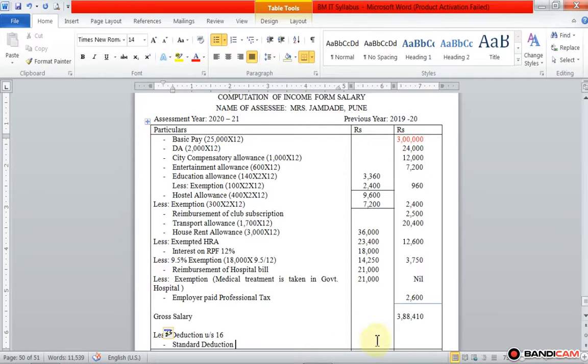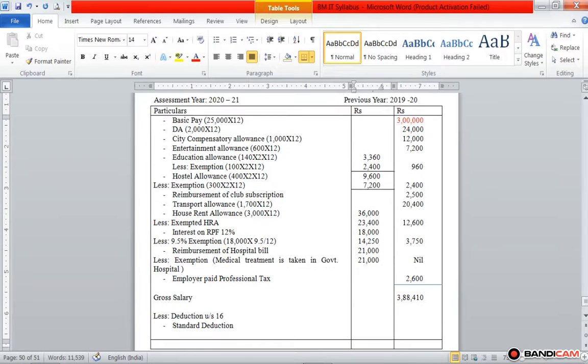Standard deduction is 50,000 under section 16 subsection 1A, amounting to rupees 50,000.